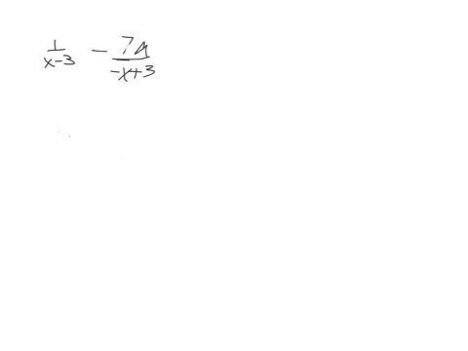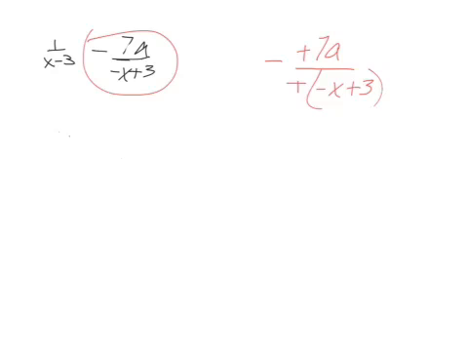In here it can get a little confusing if you're not really paying attention. Let's look at this here. We've got a negative positive 7a over a positive negative x plus 3. Notice what I did here. I'm not just looking at the negative here.